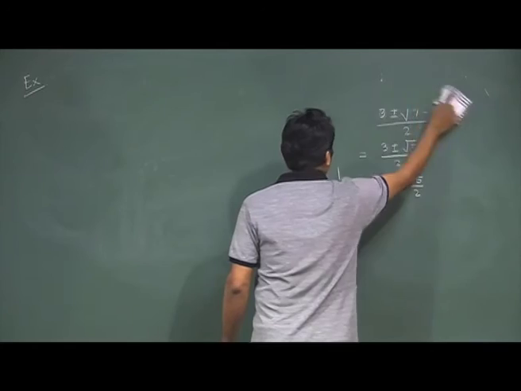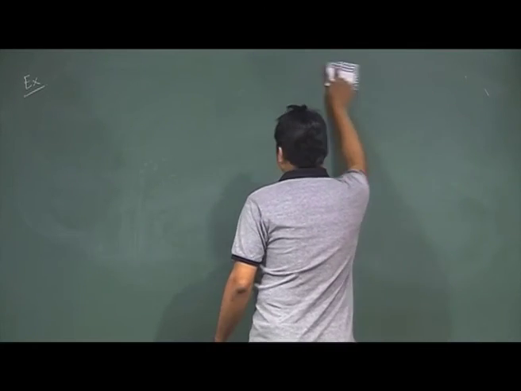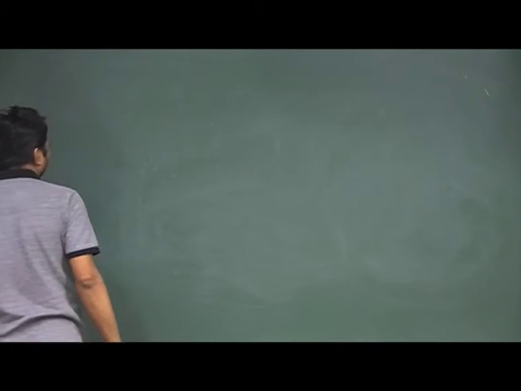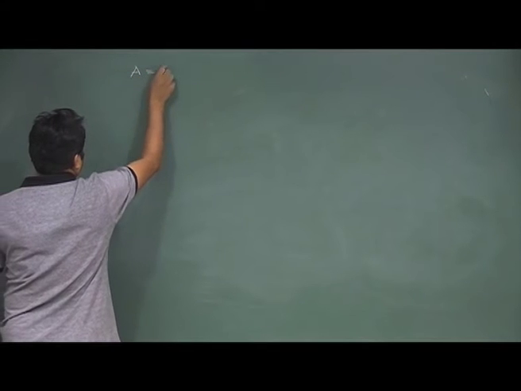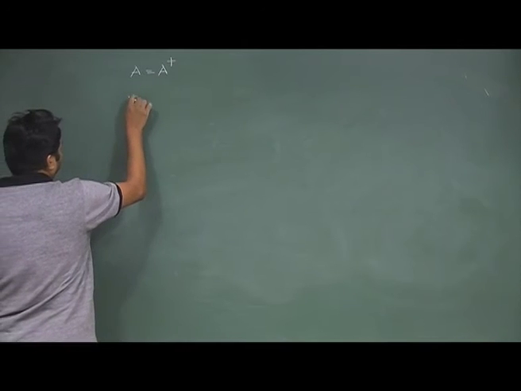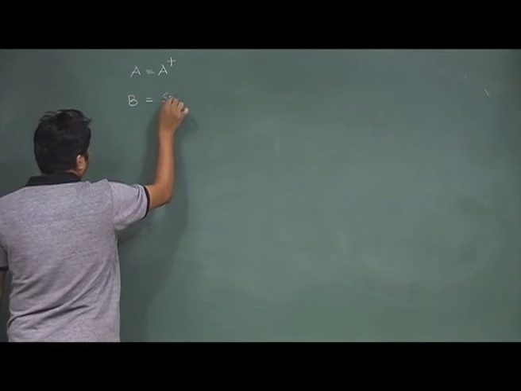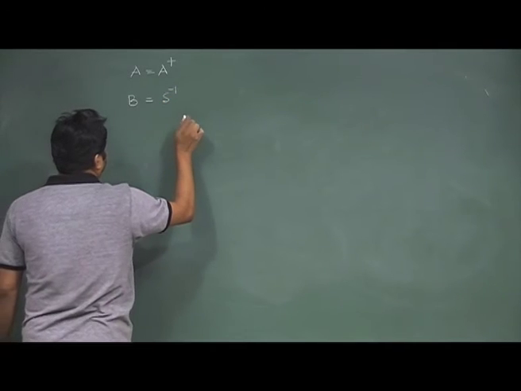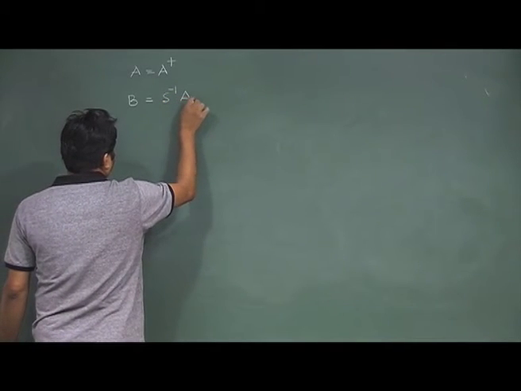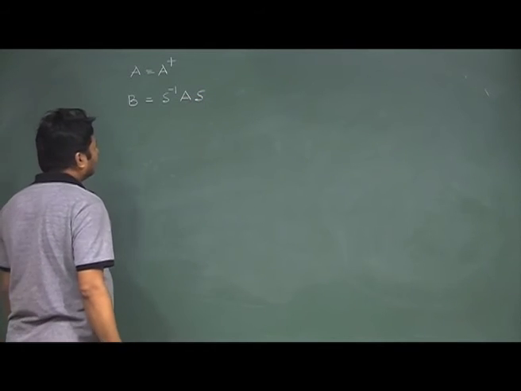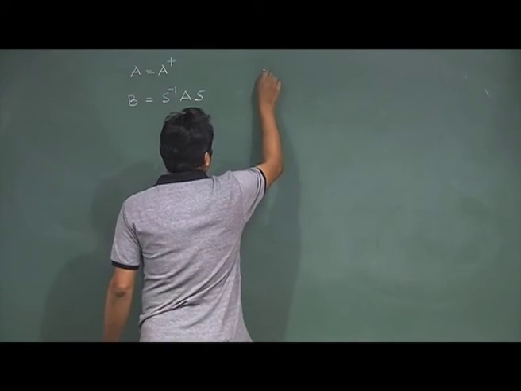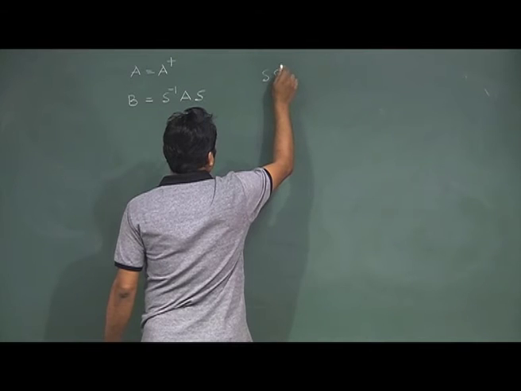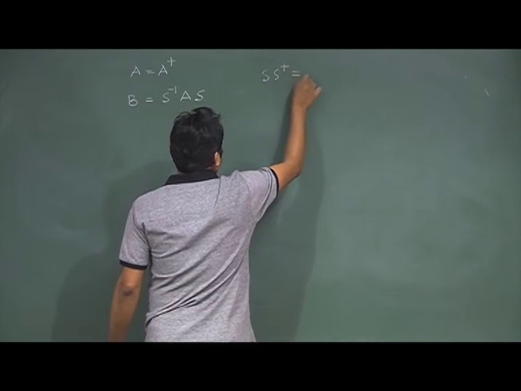Next few things. Say A is a Hermitian matrix, and B is a similarity transformation like this, with the fact that S is a unitary matrix, so S dagger is equal to S inverse.